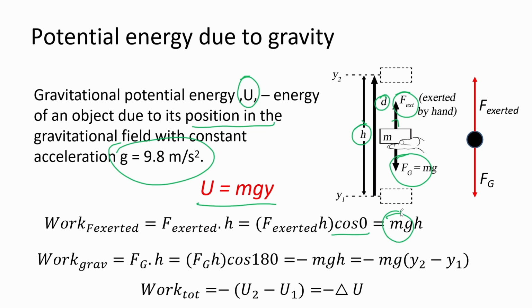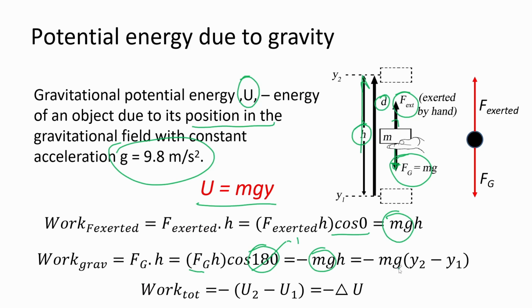The work done by gravity is Fg h cosine of 180, because h is upward and the force by gravity is downward, so the angle between them is 180 degrees. This gives a value of negative 1, so the work is equal to negative mgh, because Fg is just the weight, mg.